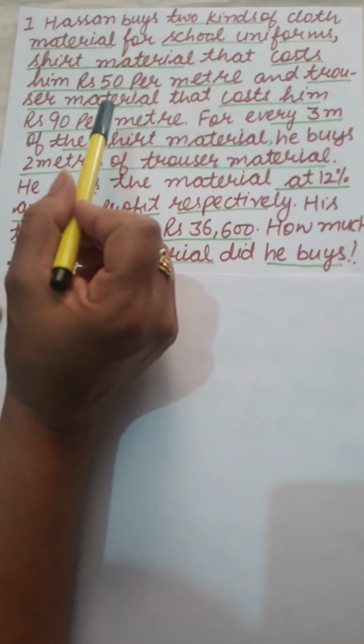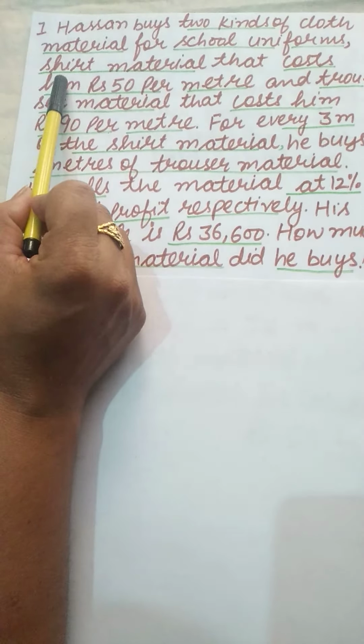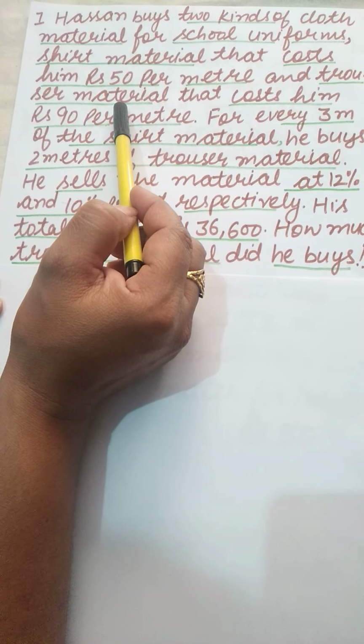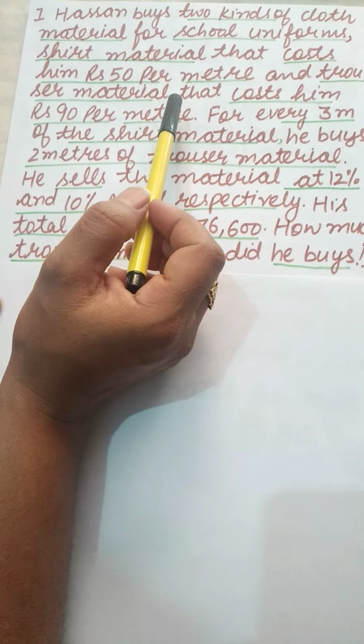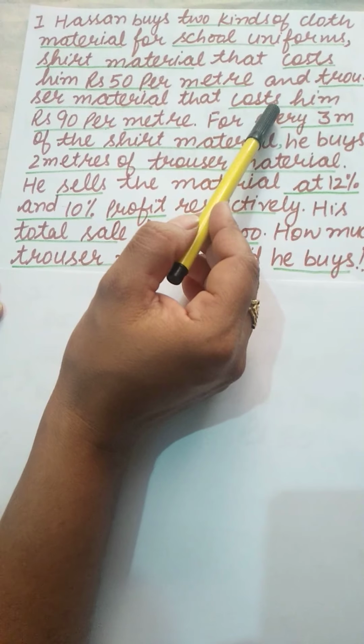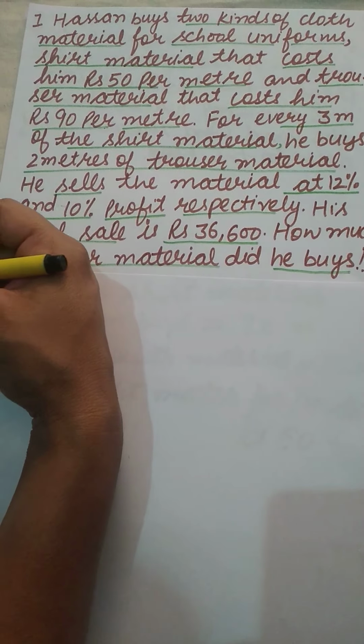Now, students, in this question, there are two kinds of materials. The first one is shirt material and the second one is trouser material. The cost of shirt material per meter is rupees 50 and the cost of trouser material per meter is rupees 90.